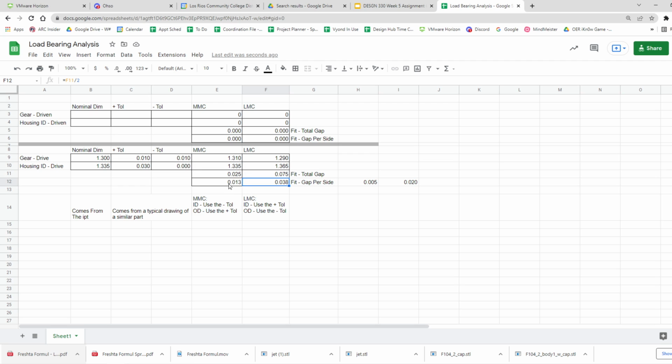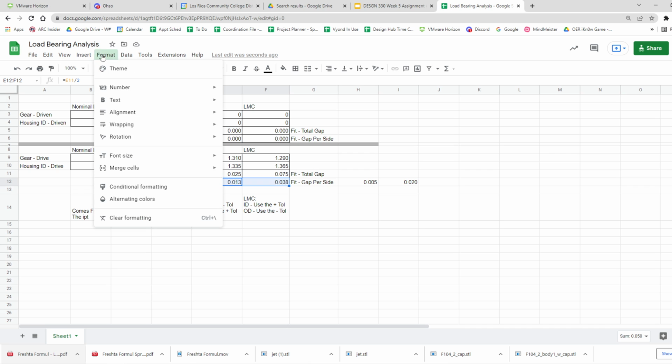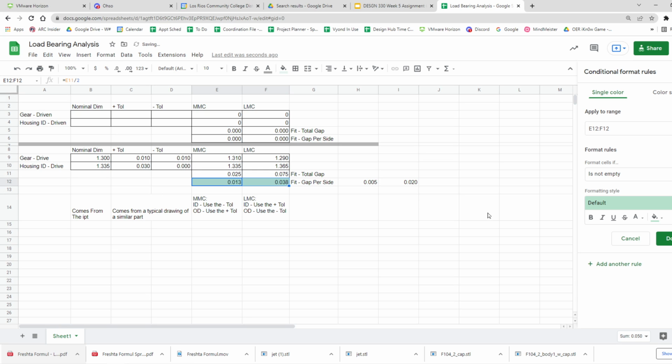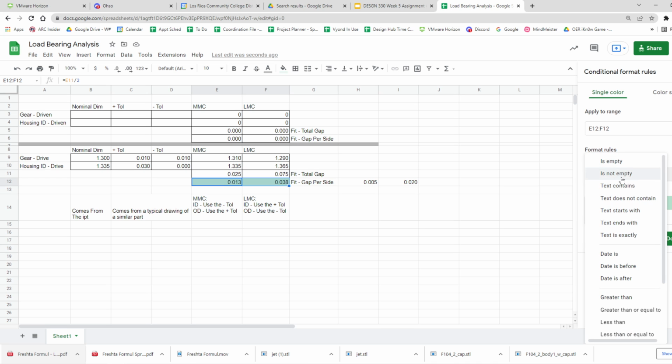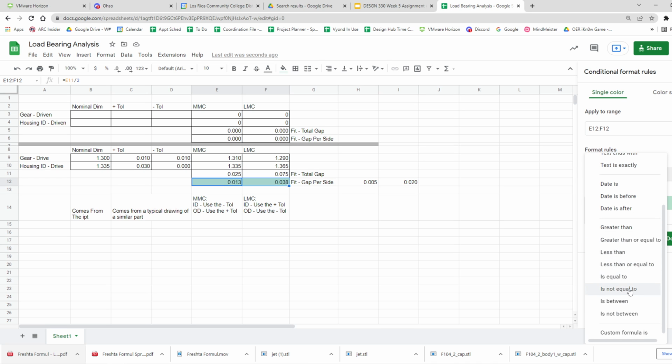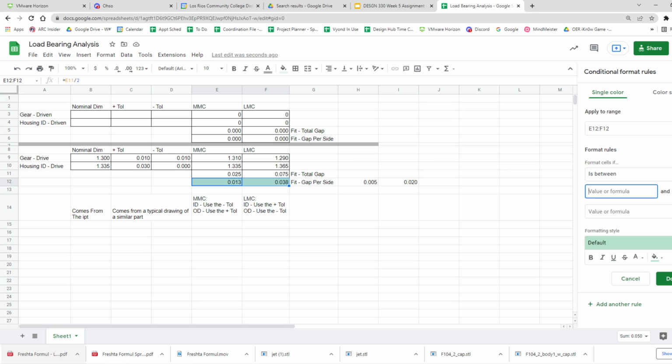Here's how I can do that using spreadsheets. There's something called conditional formatting. And if I take these two and I say, if those numbers are between 0.005 and 0.020, make them green.